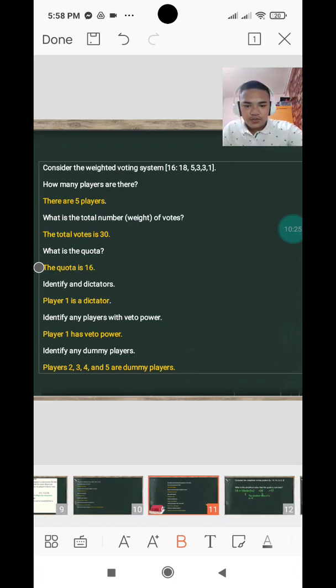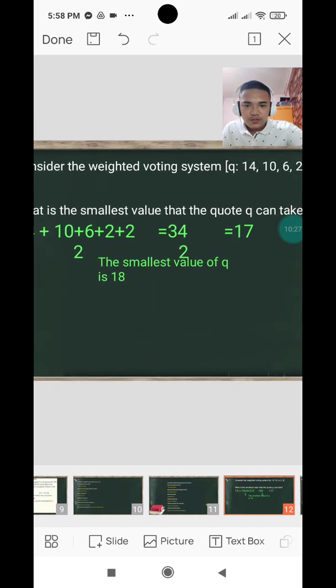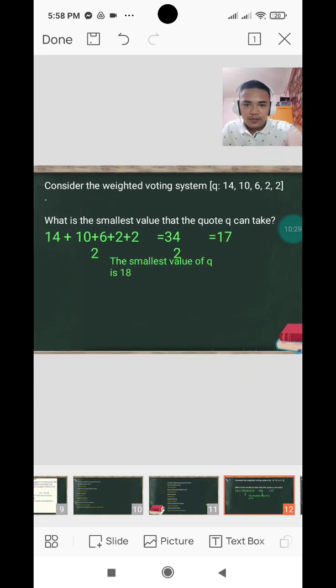Next situation. We have here a problem. Consider the weighted voting system. We have quota 14, 10, 6, 2, and 2. What is the smallest value that the quota can take? We add 14 plus 10 plus 6 plus 2 plus 2 equals 34.